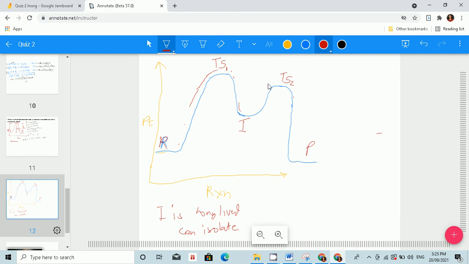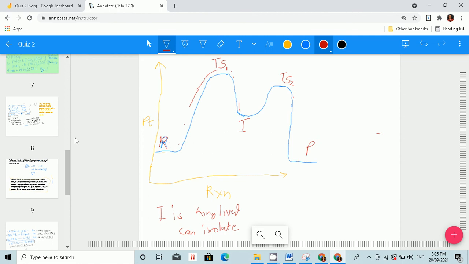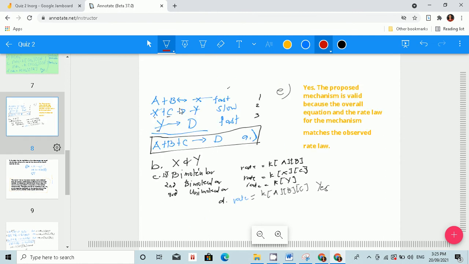We have encountered intermediates already, for those reactions that we had. Okay, example AB. So this is a two-step mechanism. So AB, then it forms X. So X here is the initial product, and then you use it as a reactant for the second step.